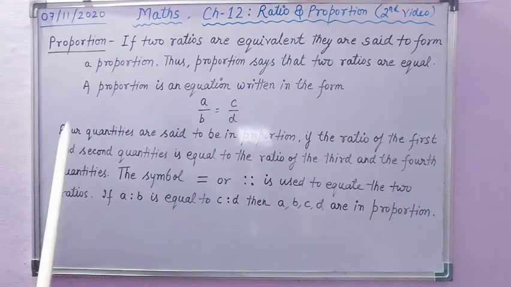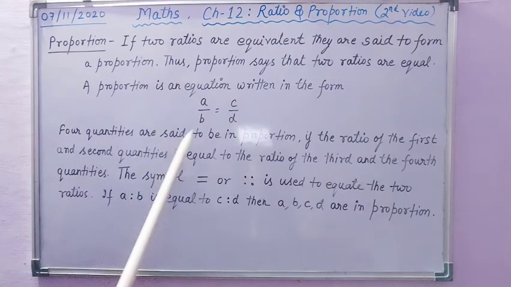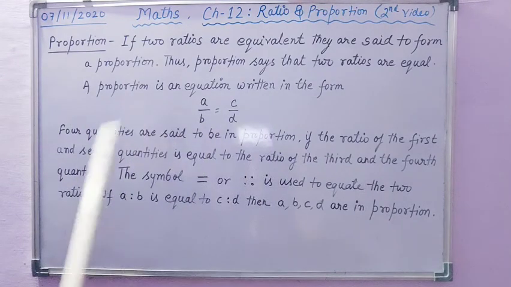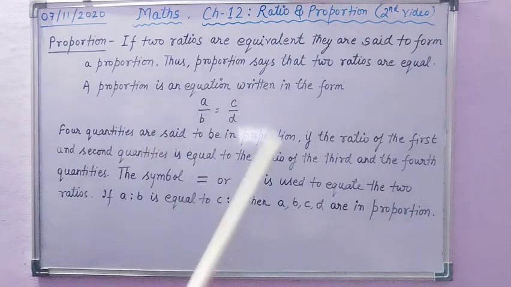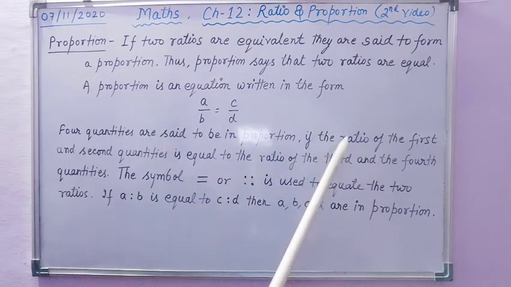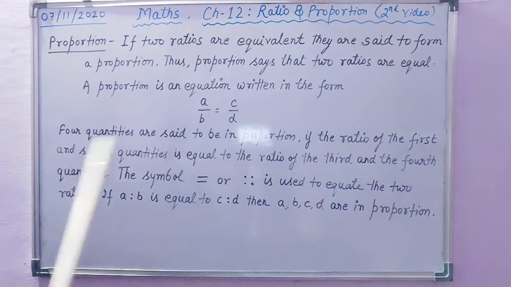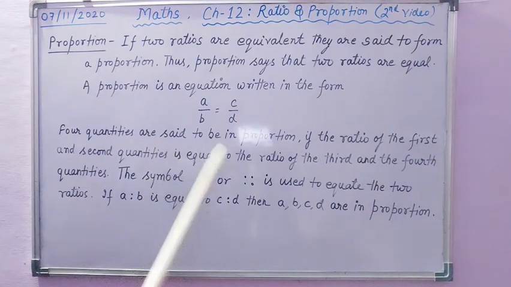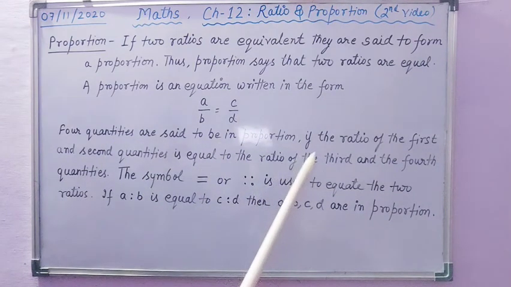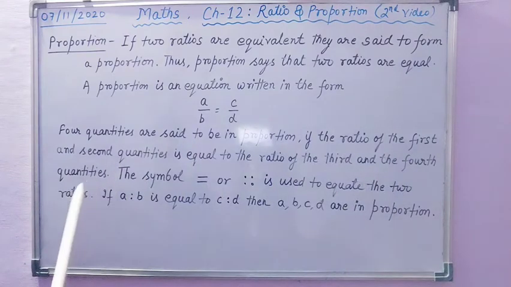Students, four quantities are said to be in proportion if the ratio of the first and second quantities is equal to the ratio of the third and the fourth quantities.